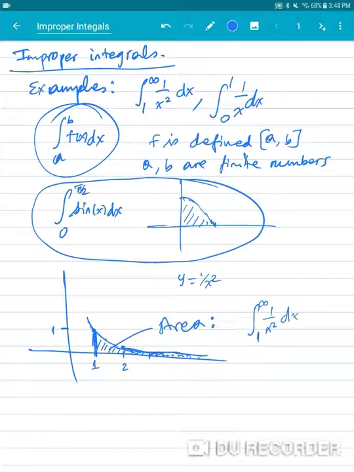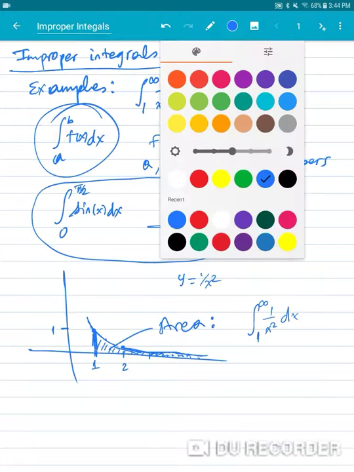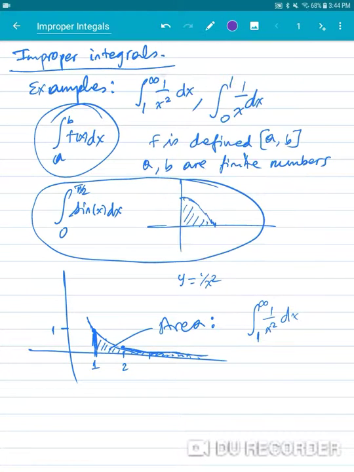And what makes this improper? What makes this improper is that we are integrating from 1 to infinity, and infinity is not a number. And this other one is improper because we're integrating from 0 to 1, and the function 1 over x is not defined when x is 0.